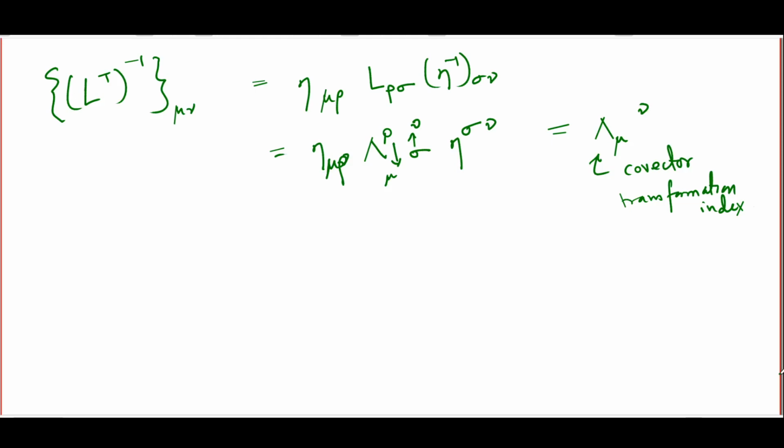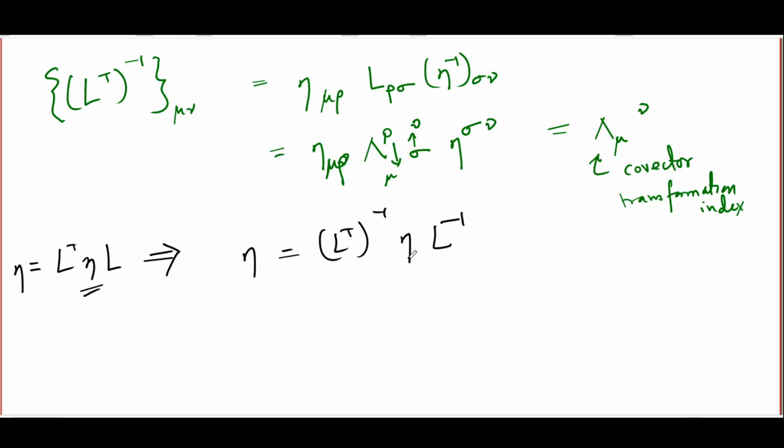Now other ways of rewriting this expression which are pretty useful are as follows. You start with L^T η L = η, of course, and you can immediately rewrite this as η = (L^T)^{-1} η L^{-1}, essentially taking this L^T to the other side, and also this L to the other side as L^{-1}.